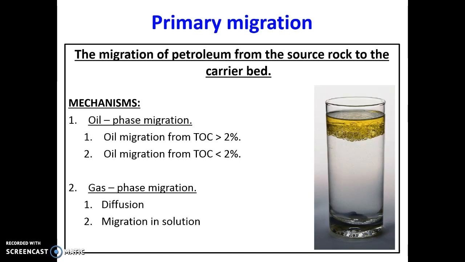These migrations from TOC less than 2% are particularly for the tight sediments and source rock type 3, and occur mainly with the smallest and most stable molecules such as methane, ethane, benzene, and toluene.